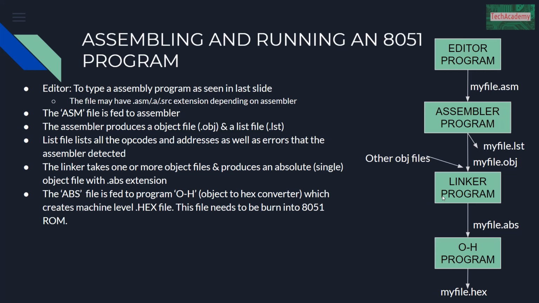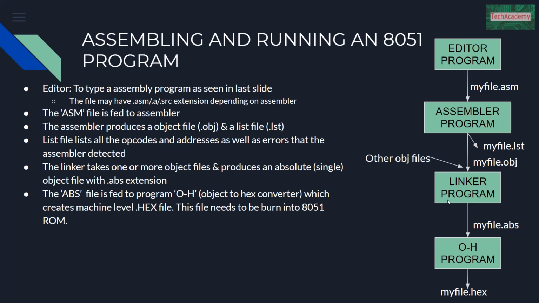So what is the task of this linker? Similar to any C linker, it links the different external references of your program, and then it creates a single object file which we call myfile.abs. So this will be a single executable object file for all your different object files.